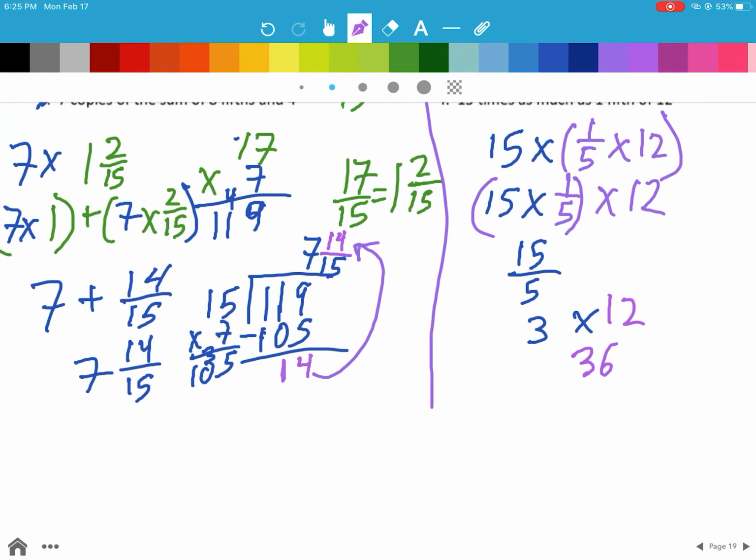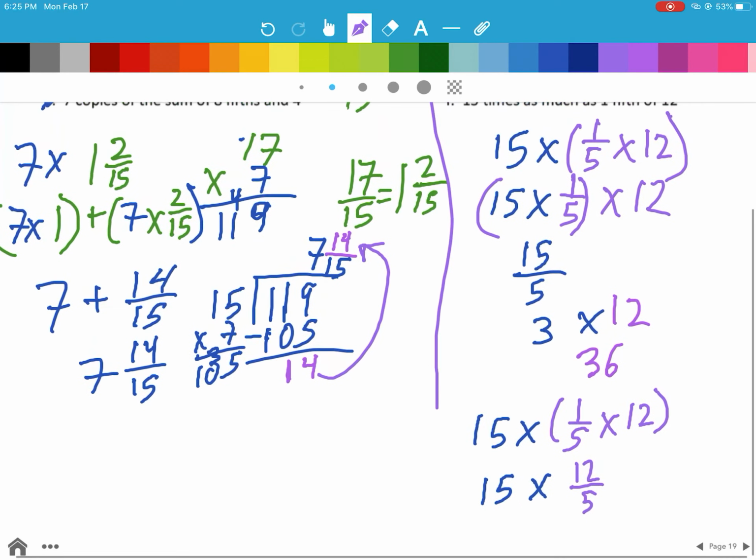Now, for those of you that don't believe me, I'll go ahead and do it the other way. So we have 15 times 1/5 of 12. All right, so this becomes 12/5, and I'm going to multiply that times 15.